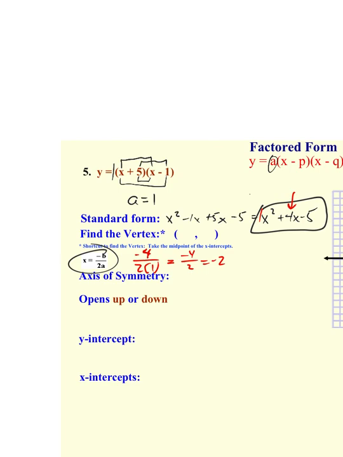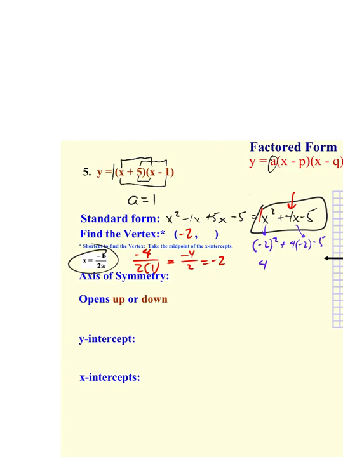So that would be the x coordinate for the vertex, which again should be about halfway between the x-intercepts, and we'll get to that here shortly. But now to get the y-coordinate for the vertex, we need to put that -2 back into the equation. So we'll put a -2 in for x there, plus 4 times -2 as we put it in for that x there, and then -5. -2 squared is 4.